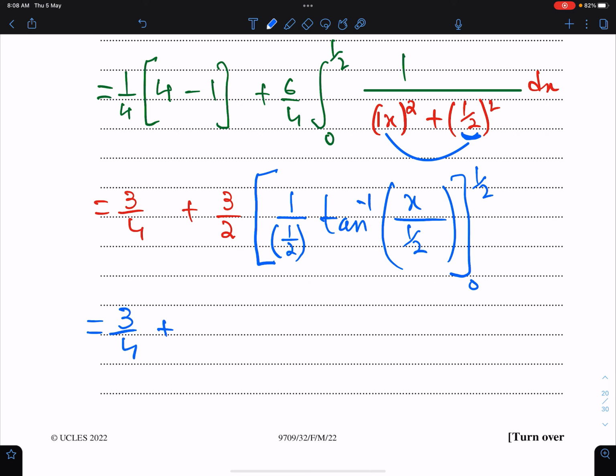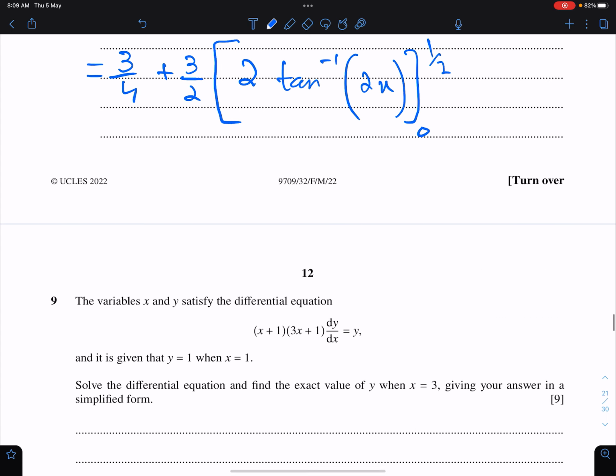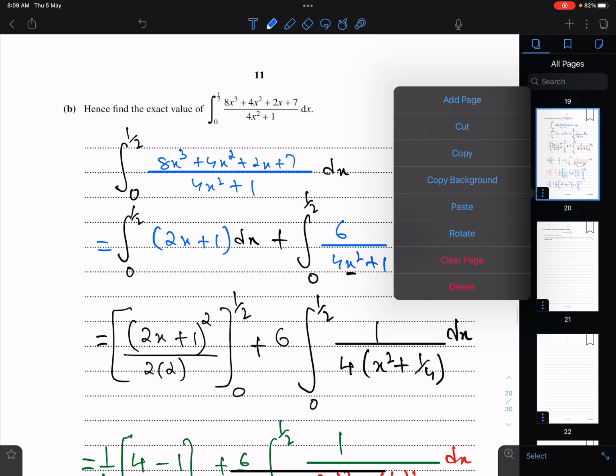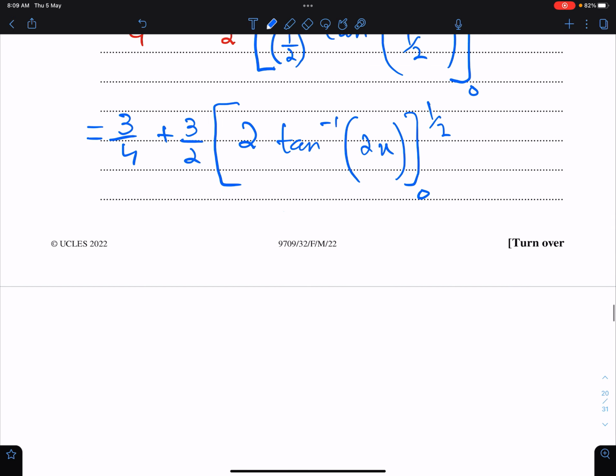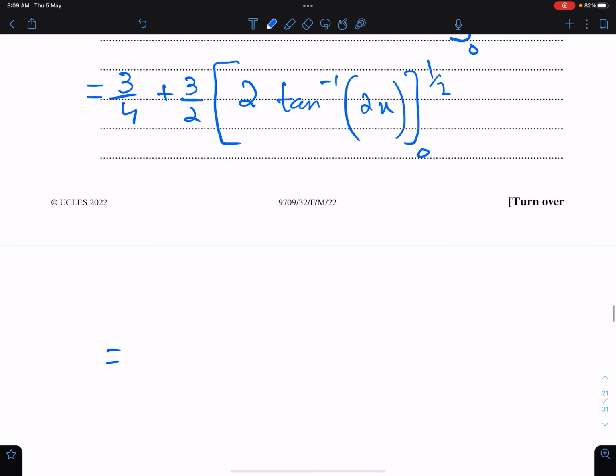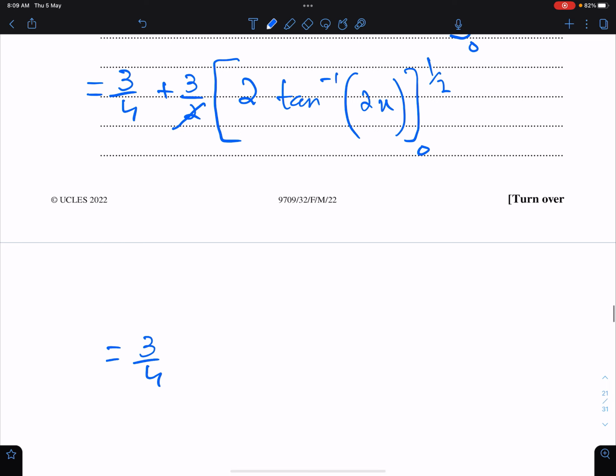3 upon 4, 3 upon 2. This result will become 2, and this result will become 2x, tan inverse 2x, 0 and half. So we have 3 upon 4. We have to cancel these two. Now apply the limits. Tan inverse, when we will apply half here, we'll get 1.